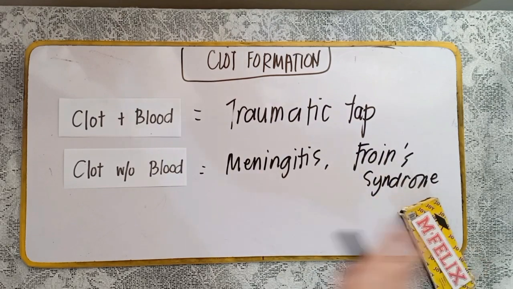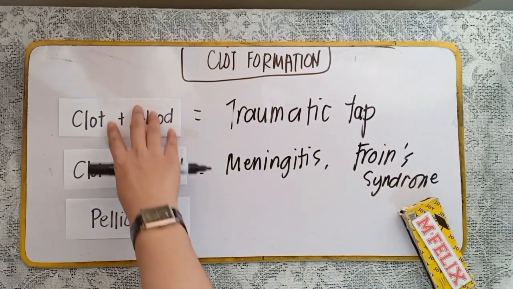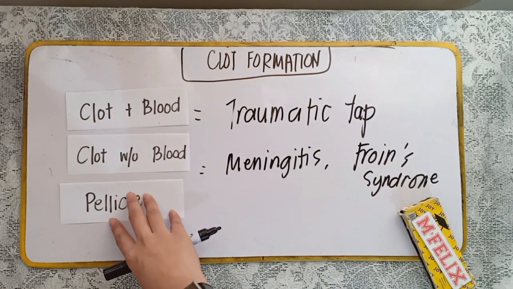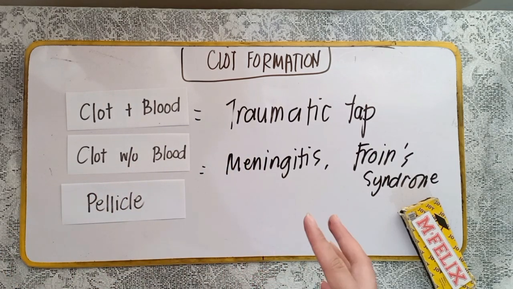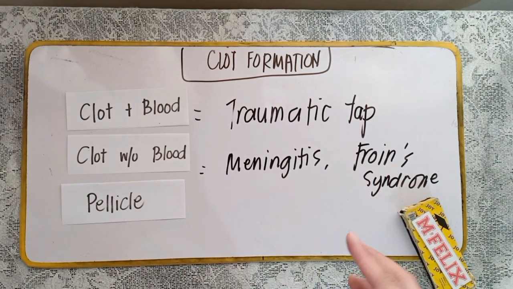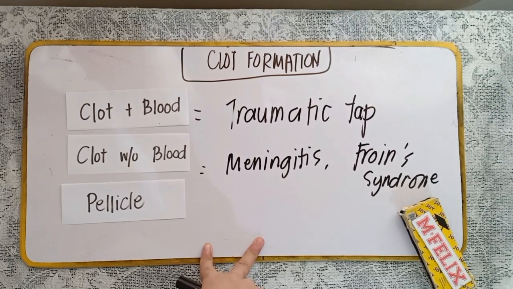And then we have pellicle formation. This pellicle clot formation, class, is highly suggestive of suppurative meningitis or TB meningitis. Take note, class, that this type of clot formation is not seen in patients with subarachnoid hemorrhage.